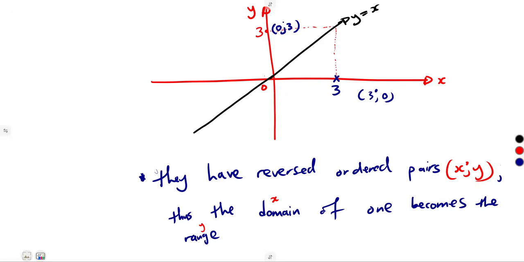And that's vice versa: if it is the range of the other one, it will change to the domain. Because that is the condition: x is changing to y, y is changing to x.